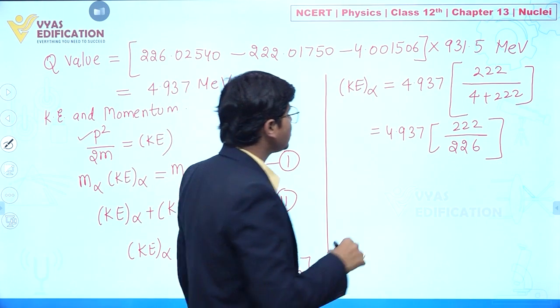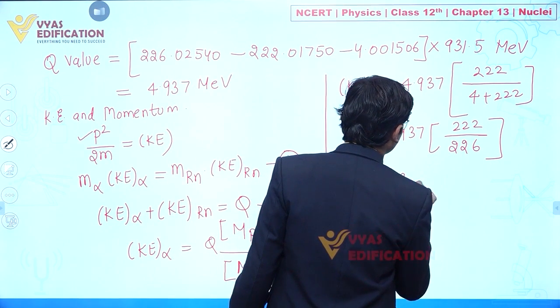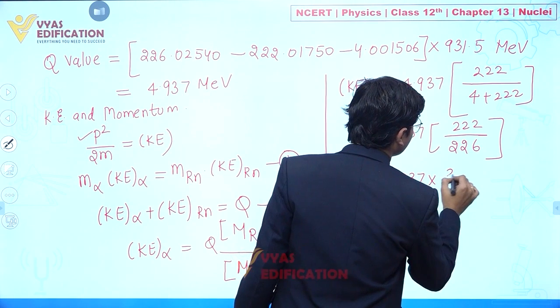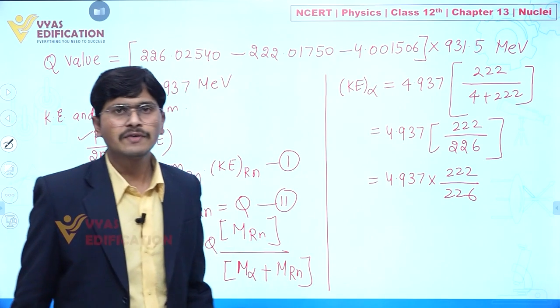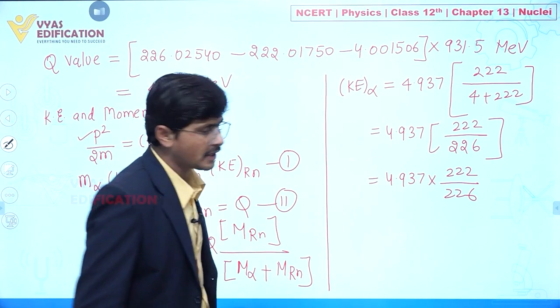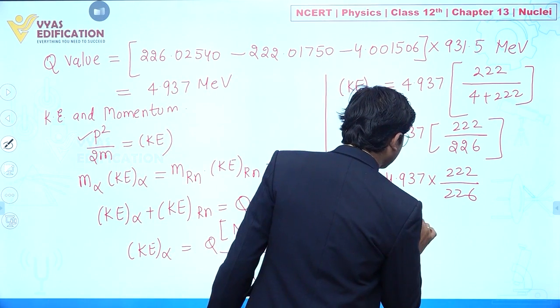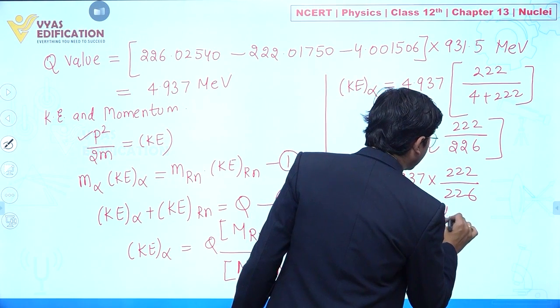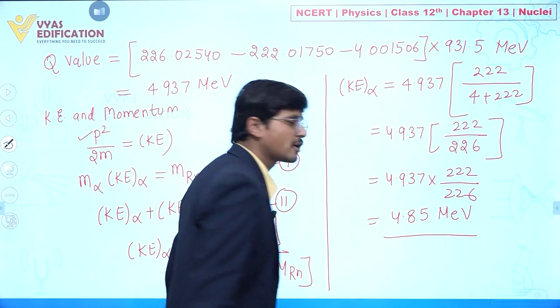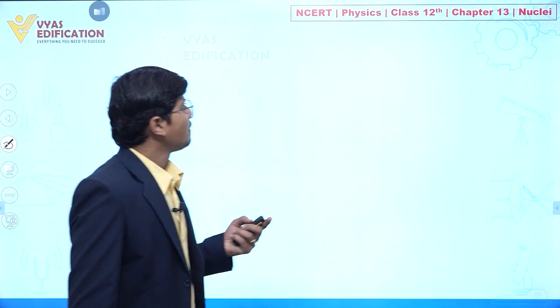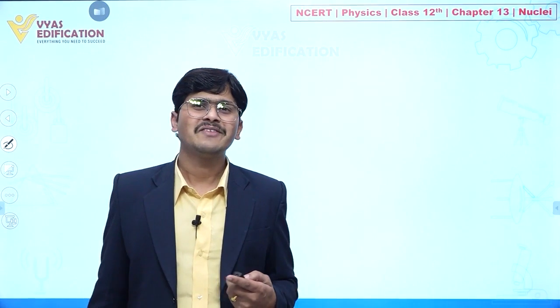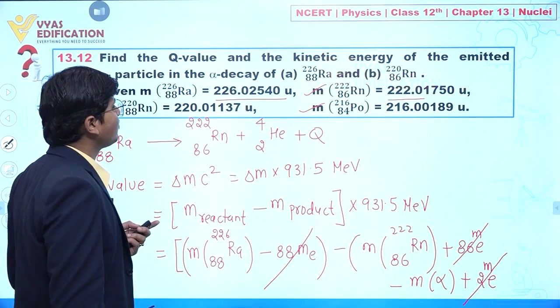Yes. So if you multiply 4.937 with 222 and divide by 226, you can easily get the kinetic energy of the alpha particle, and you will find this value is near about 4.85 million electron volt. Clear to you? Yes, clear.